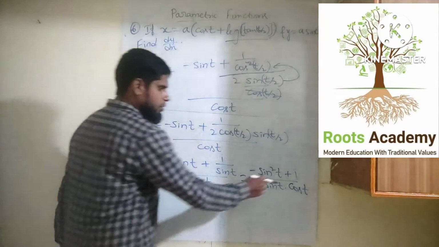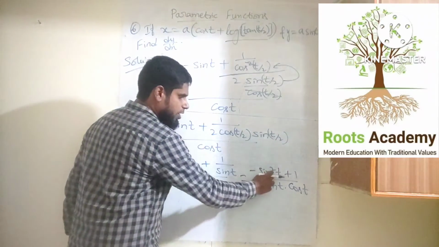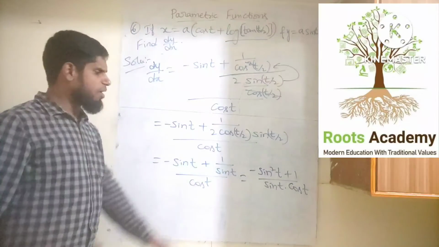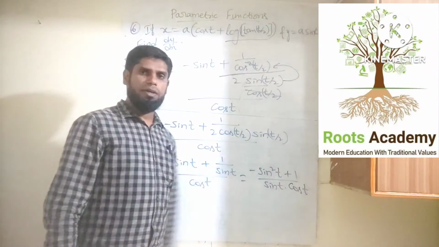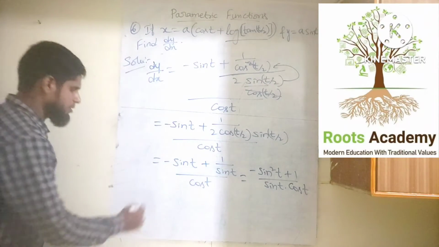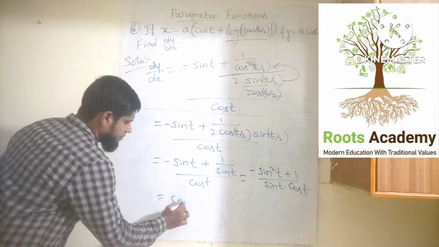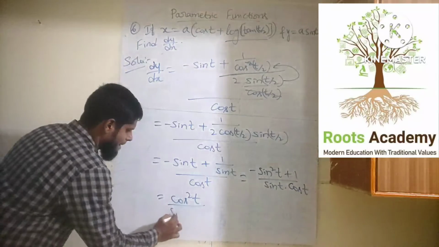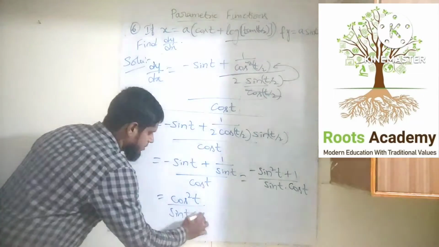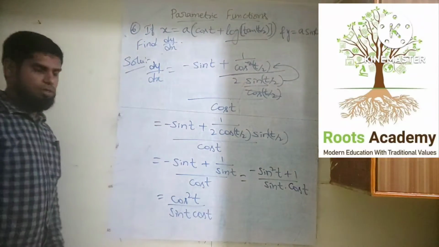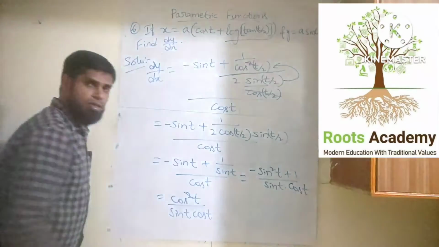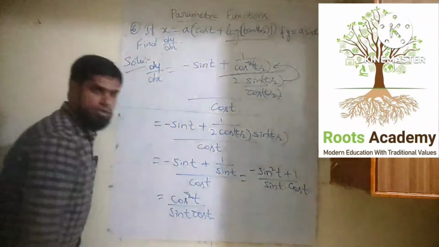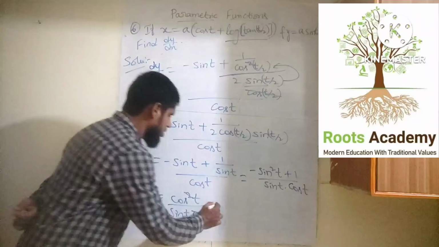Now understand here, 1 minus sine square t, or minus sine square t plus 1, is cos square t. So the numerator can be written as cos square t divided by sine t into cos t. So one cos in the numerator and one cos in the denominator get cancelled.